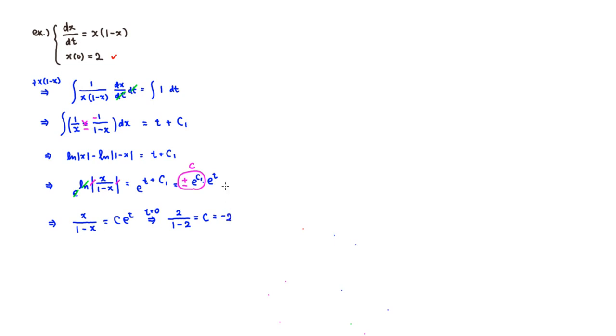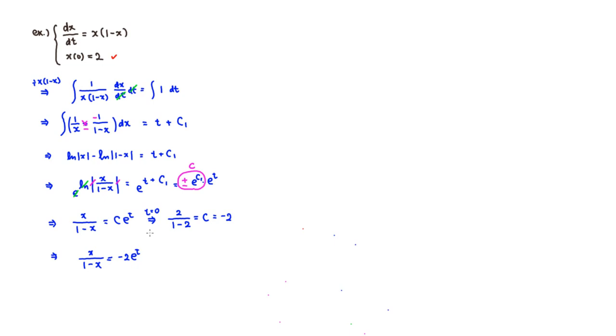So we found c to be negative 2, and we have x over 1 − x is equal to negative 2 e to the t.